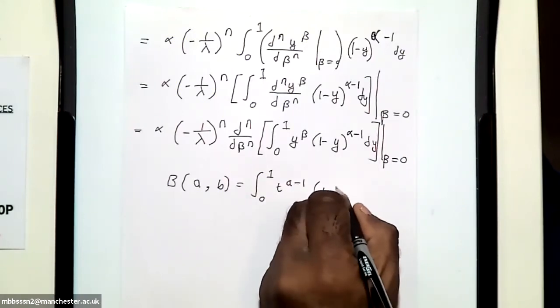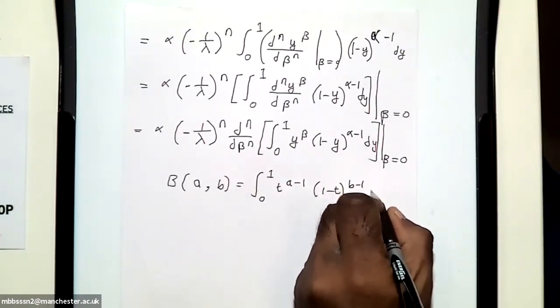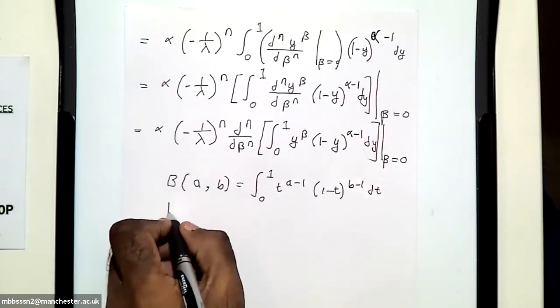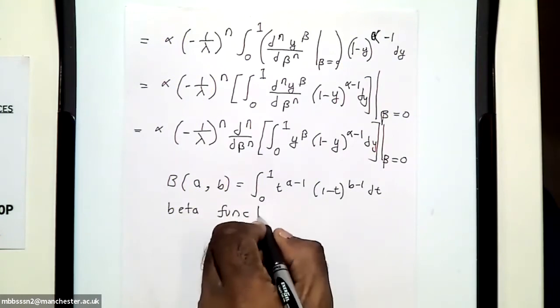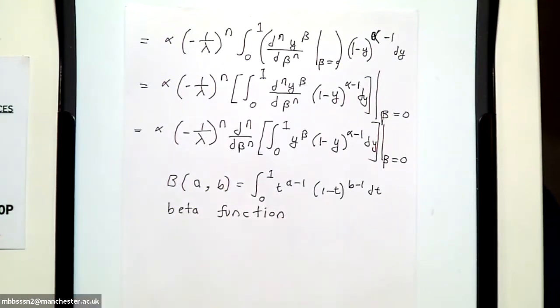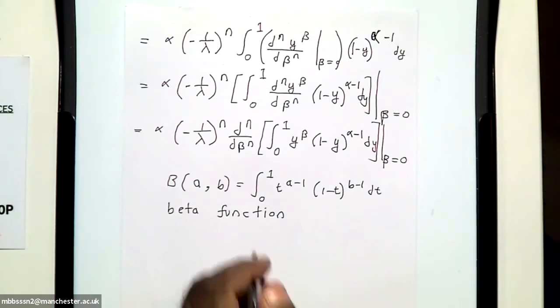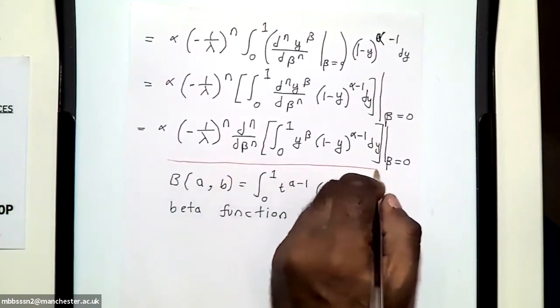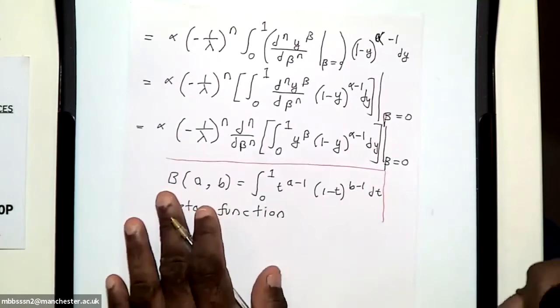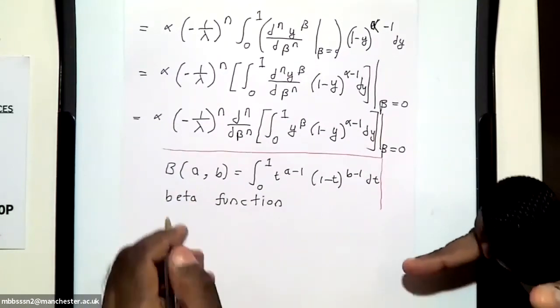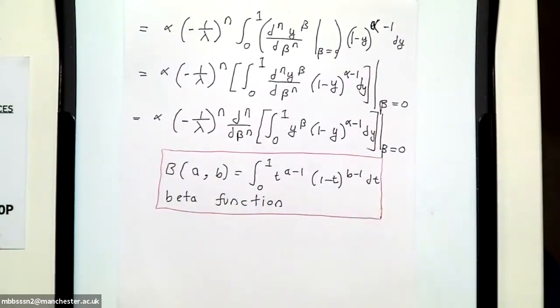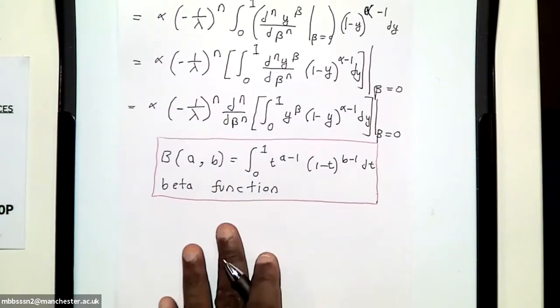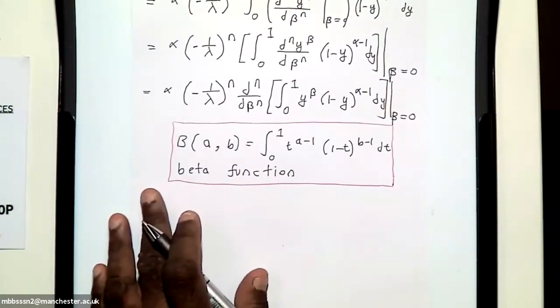This function is known as the beta function, and there's a video about this on the course website. You will see a video about this function and the properties of this function. So please have a look if you haven't done it already.